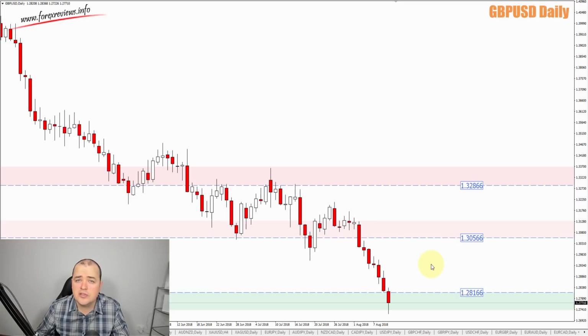Okay, next pair I'd like to highlight is GBPUSD, and I'm on the daily chart. Unfortunately, GBPUSD broke below that bullish low area last week as well, so similar to USD, and price moved all the way down after that break below, all the way down to the 128.16 zone area.